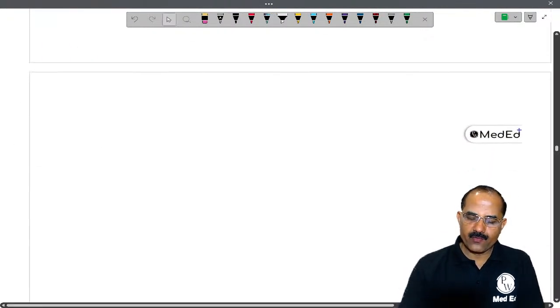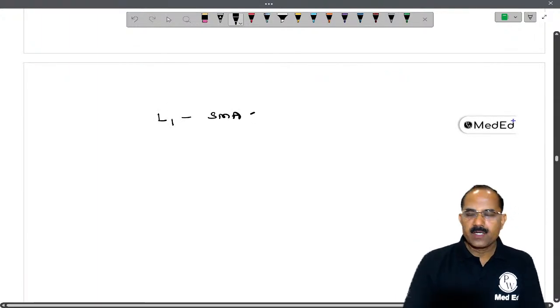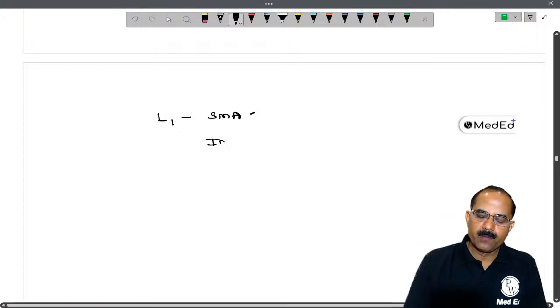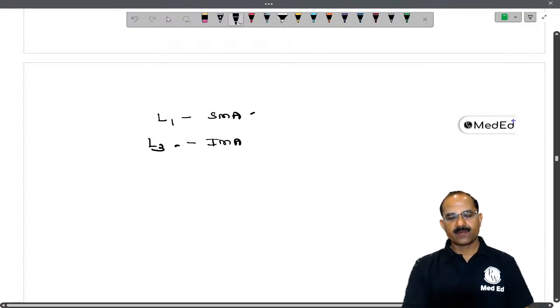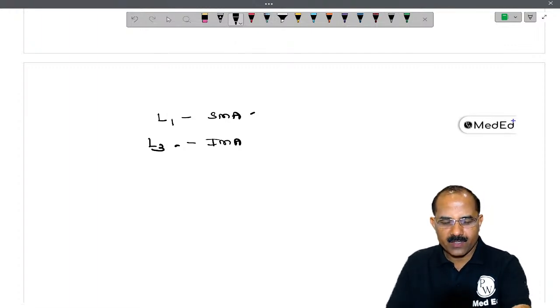Vertebral level of origin of superior mesenteric artery is L1. And vertebral level of origin of inferior mesenteric artery is L3. Okay, so superior mesenteric artery arises at L1 vertebral level, inferior mesenteric artery arises at L3 vertebral level. Okay, got this.